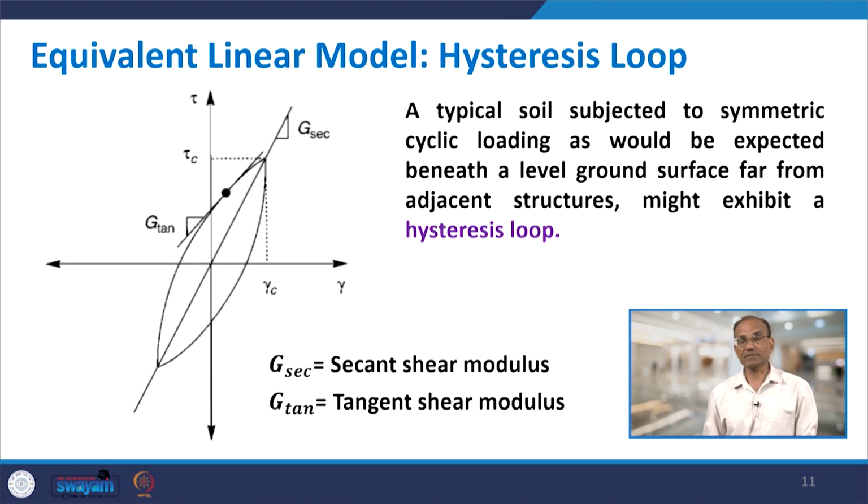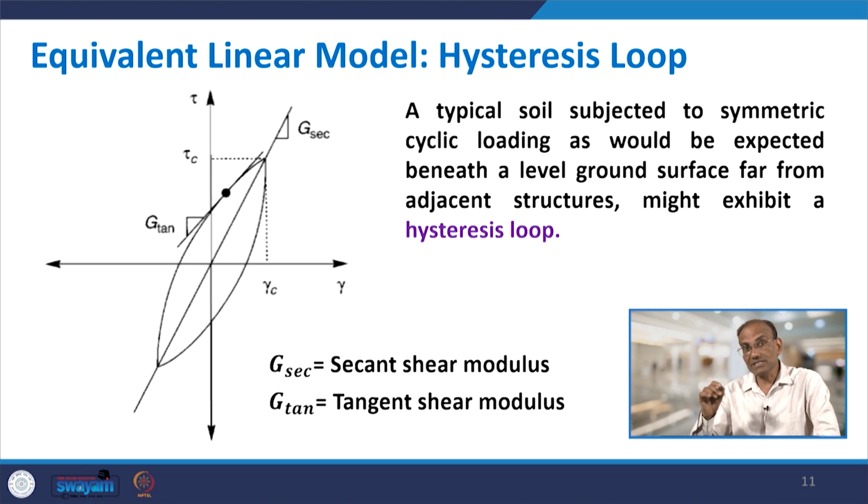For example, here is one of the important stress strain relationships. In this figure you have the stress strain curve, which shows how the relationship between stress and strain varies when you load the soil element with stress.